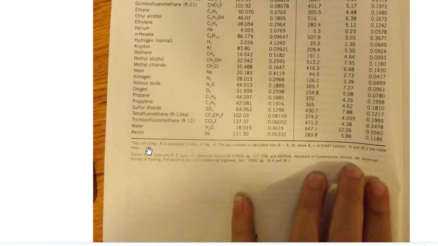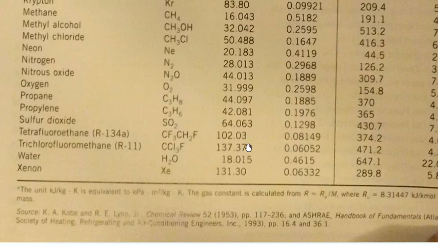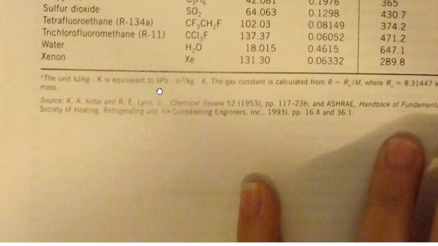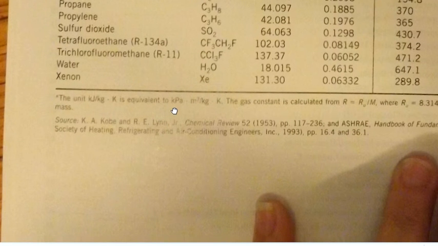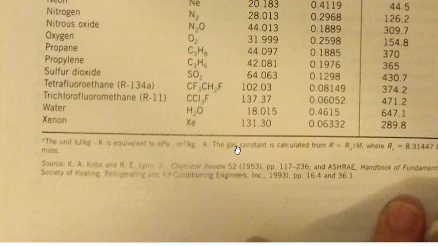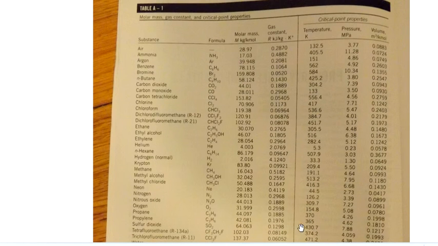The unit used here is equal to the same number in kilopascals times meter cubed per kilogram times Kelvin. We're going to use this equivalency because we have our pressure in terms of pascals. We really don't have any energy expressions, nothing that's usable like this anyways.